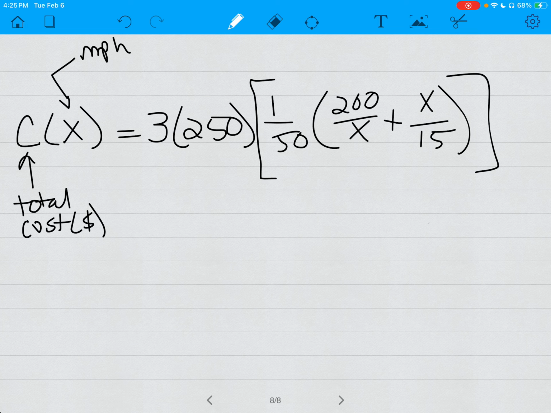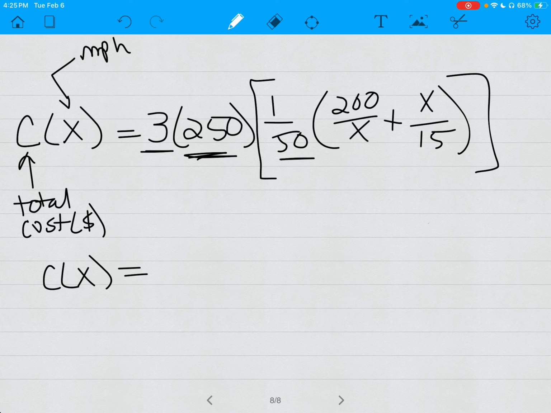Okay. So looking at all of this, these first three, the number 3, the 250, and the 1 over 50, those are all just constants. So I can multiply those together just to find out what that number comes out to be. And so when we do that, we get 3 times 250 is 750.